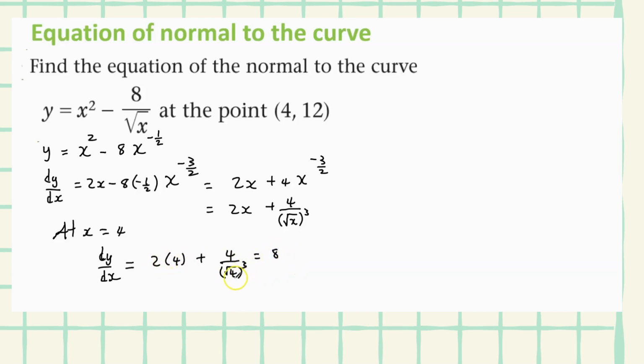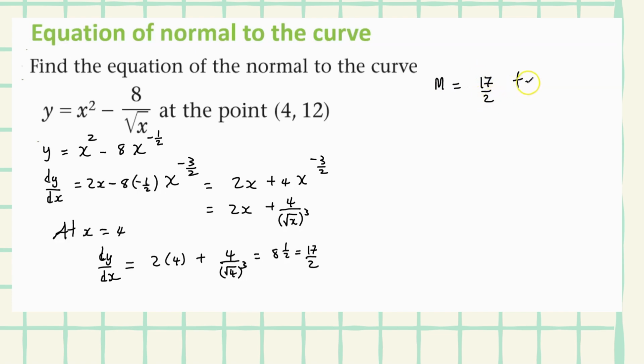The square root of 4 is 2, 2 cubed is 8, so 4 over 8 is a half. So what we have there is 8 plus a half, which is 8.5, or we can just write 17 over 2. So we have found the gradient of the tangent: m at the tangent is 17 over 2.